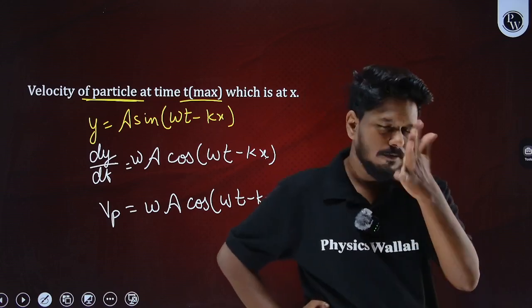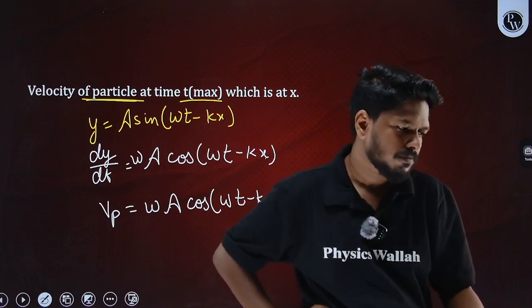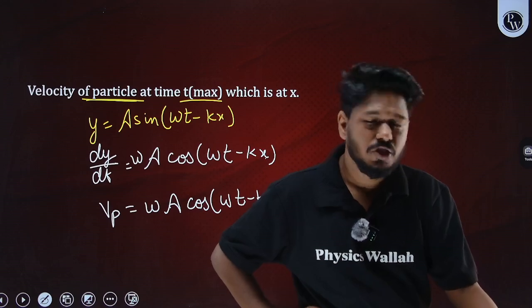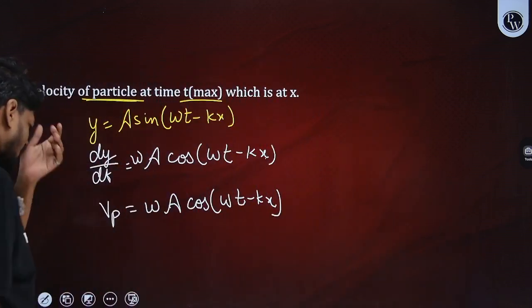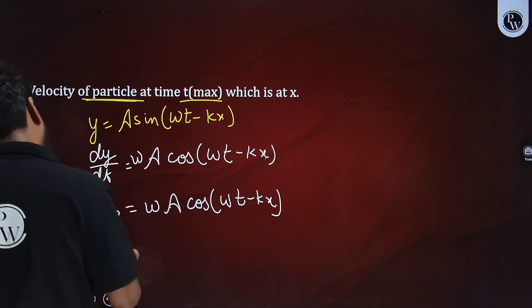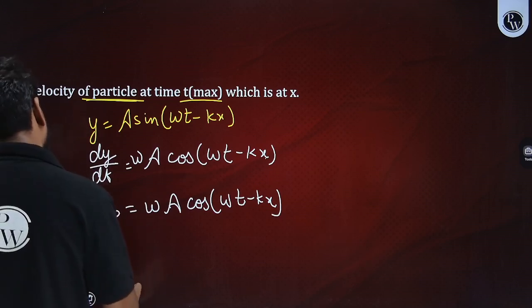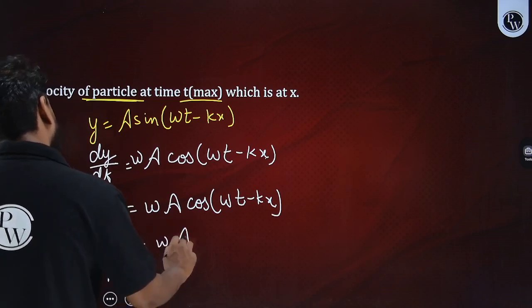So the velocity of the particle is not the same, it is changing. Are you able to follow? With respect to time it is changing. If they are asking what is the maximum velocity of particle, it is omega times a.